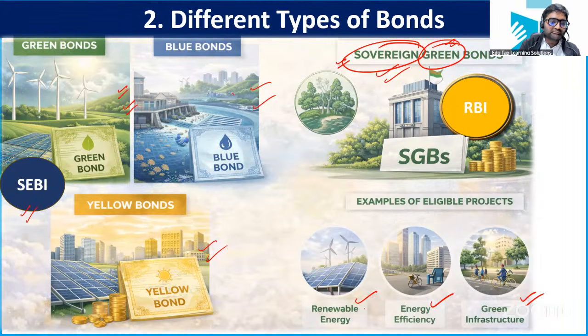Blue bonds, let's say we have a project of cleaning the river or developing a purification plant. All of these things come under the blue bond. Blue bond money will be going there. Apart from that, we have these yellow bonds which help in financing projects like solar power plant establishment. Solar energy panels are established from the money that comes as part of the yellow bond.